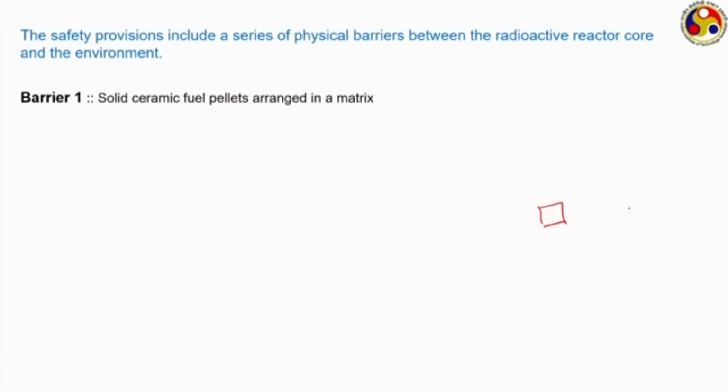Generally, the fuel pellets are arranged in some kind of matrix. If you are thinking about fuel pins with circular cross sections, you will always find that the fuel pins are generally arranged in a matrix somewhat like this. This is one layer, then we can have several other layers around this.